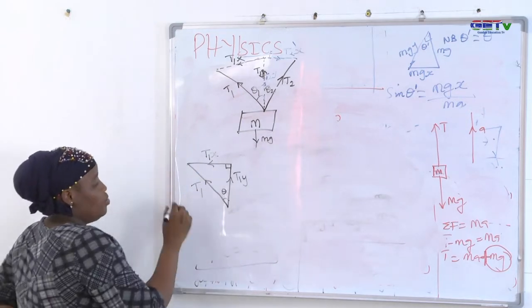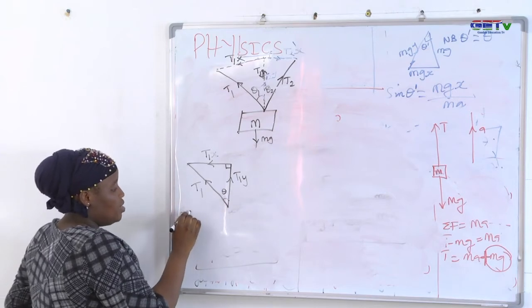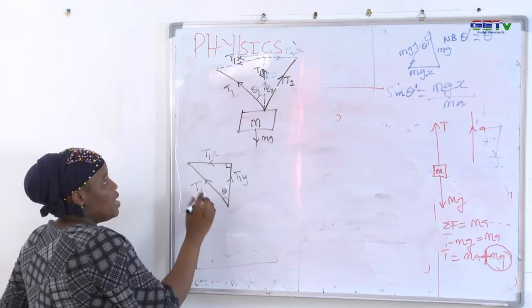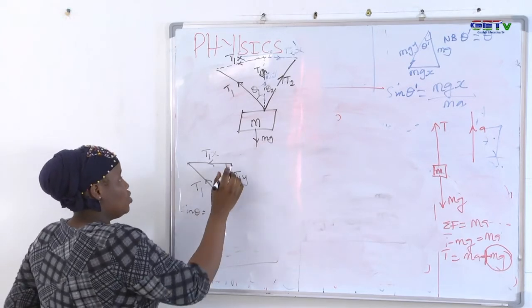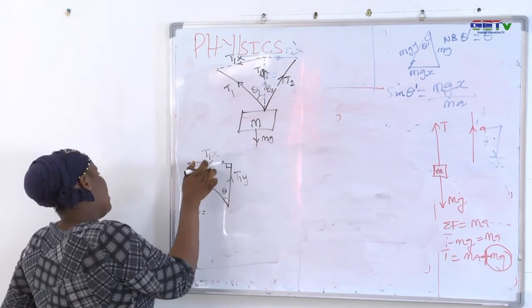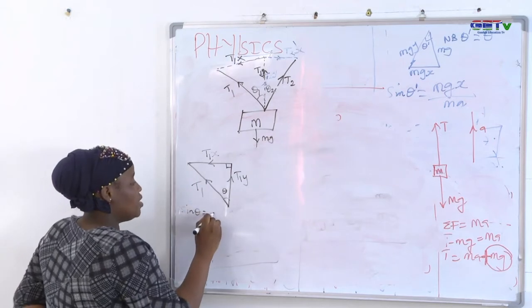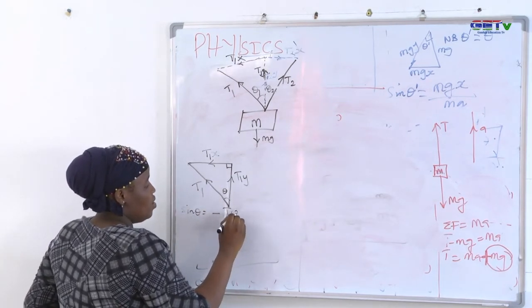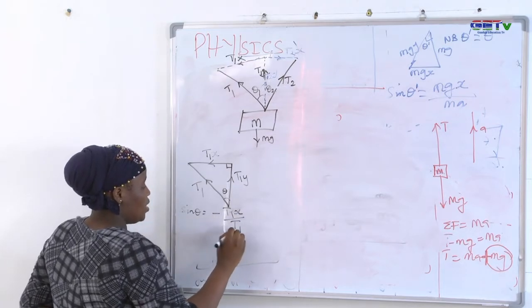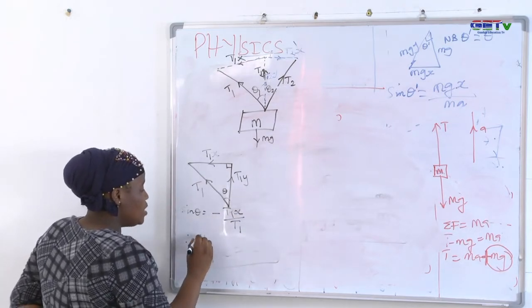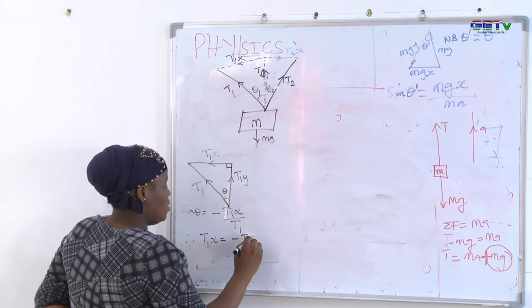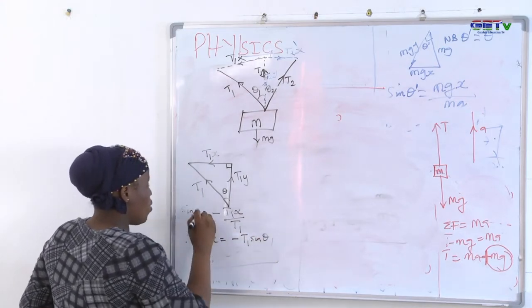Good. So we will use trigonometric ratios again. We have sine theta is equivalent to the opposite over the hypotenuse. That gives us minus, because this is to the left. Look at the arrowhead. This gives us minus T1 of x all over T1. And therefore, T1 of x will be equivalent to minus T1 times sine theta 1.